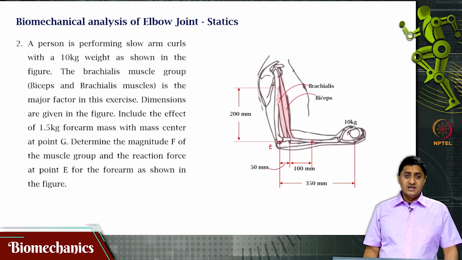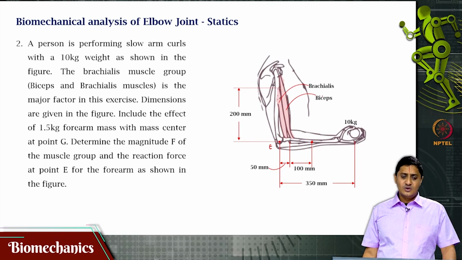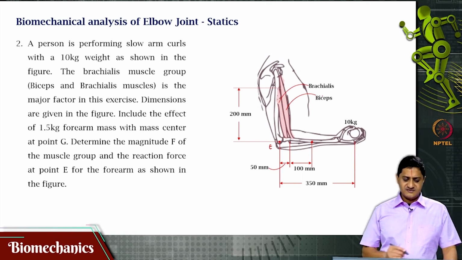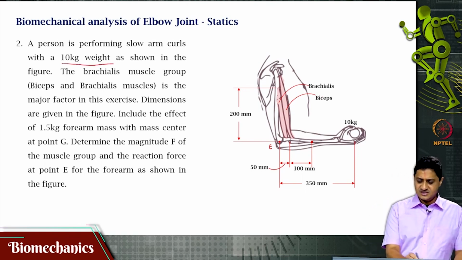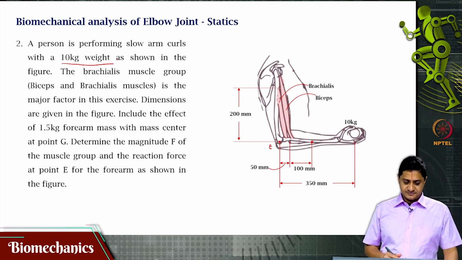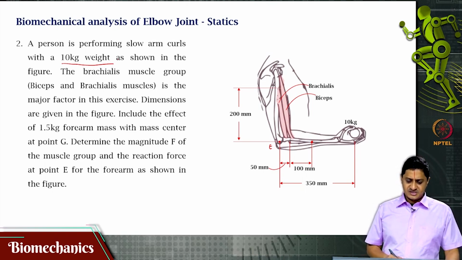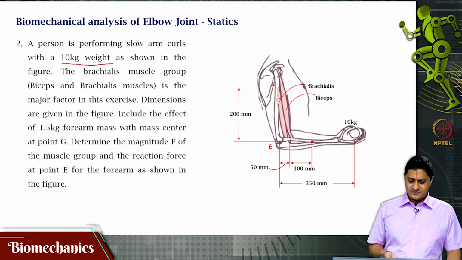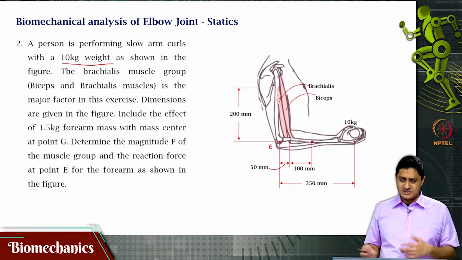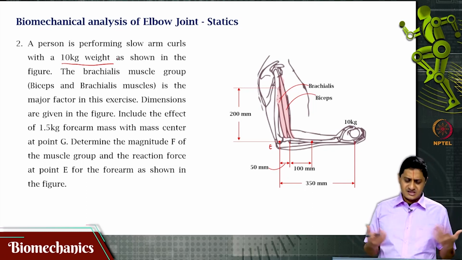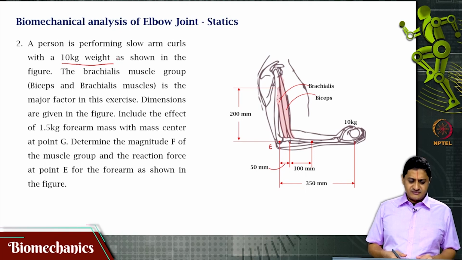Here is the problem. A person is performing slow arm curls with a 10 kg weight, as shown in the figure. The brachialis muscle group, actually the brachialis, brachioradialis and the biceps brachii, is the major muscle group involved in this exercise.